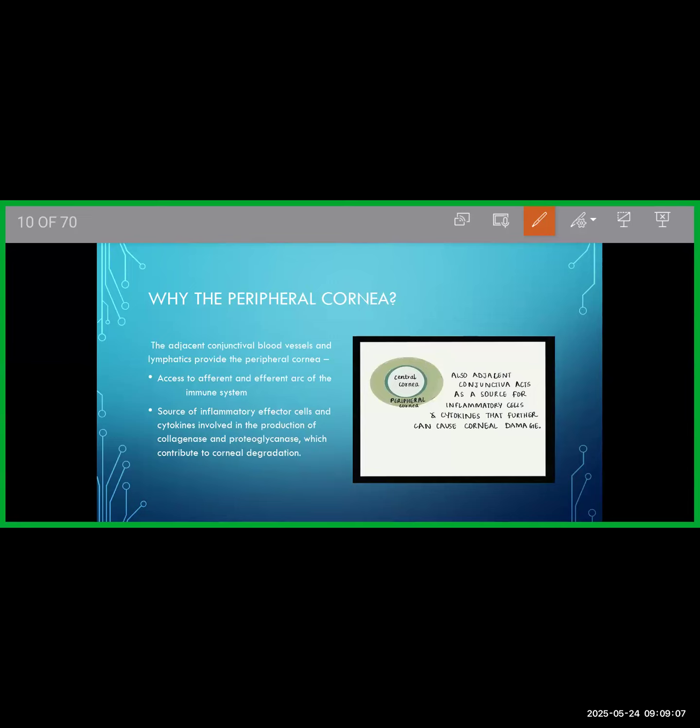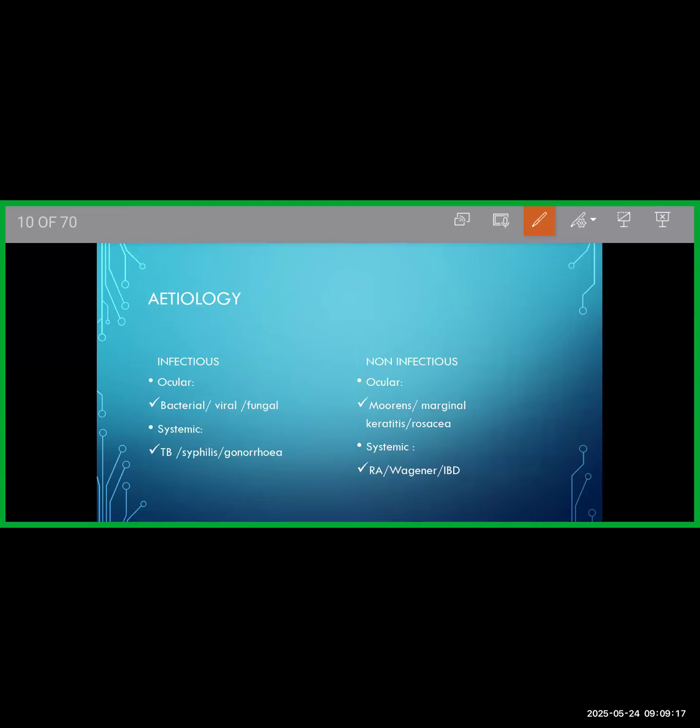So all these reasons explain why the peripheral cornea is involved in peripheral ulcerative keratitis.